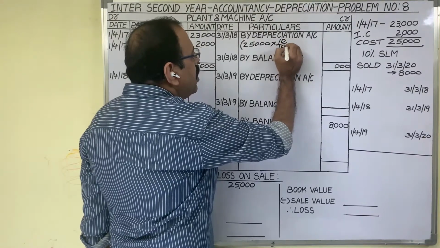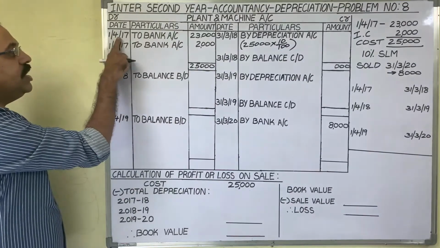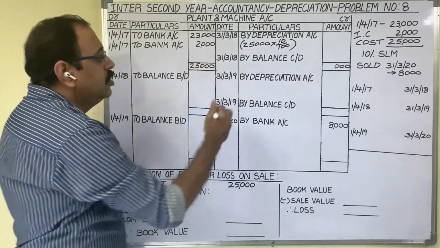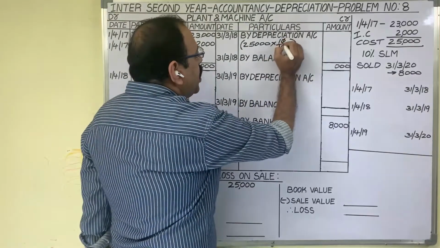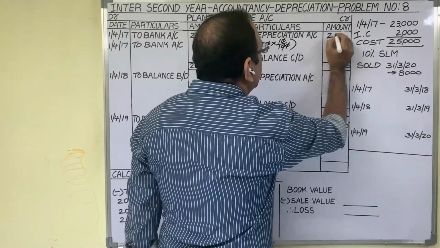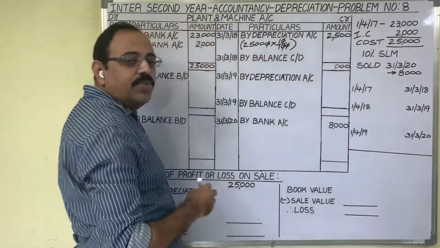No need to take the months because the asset is purchased on 1st April 17. Full year they used. One numerator, one denominator. If you cancel, then depreciation in the first year is 2,500 rupees.